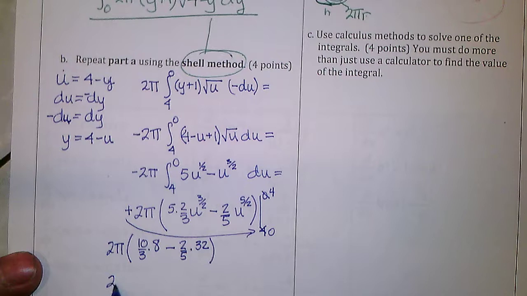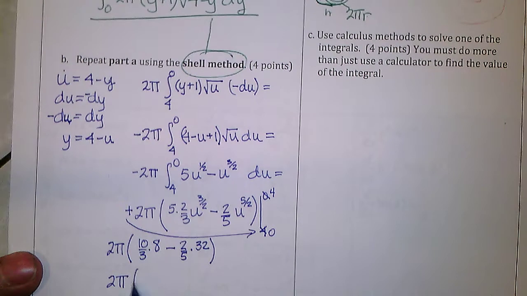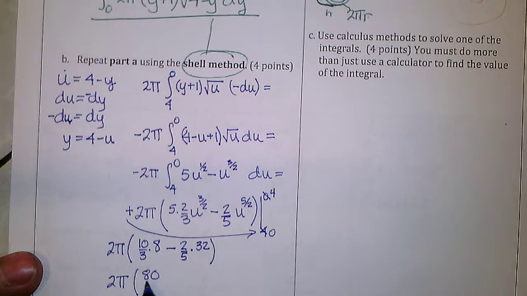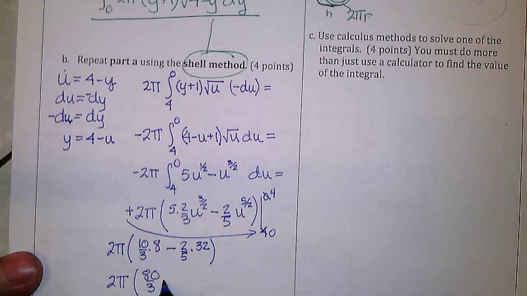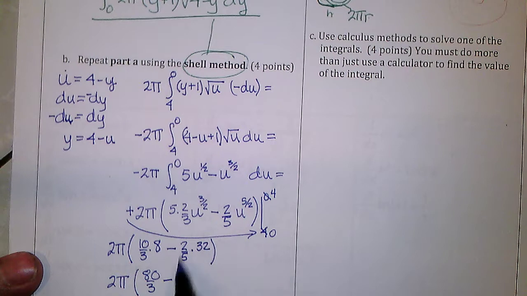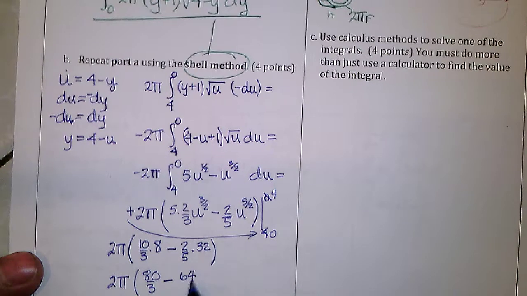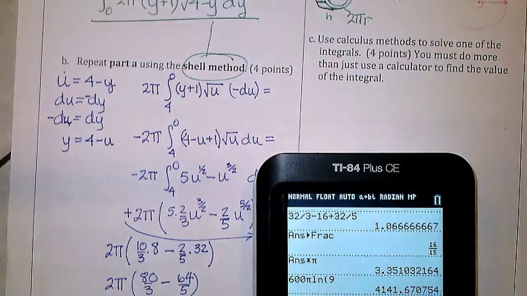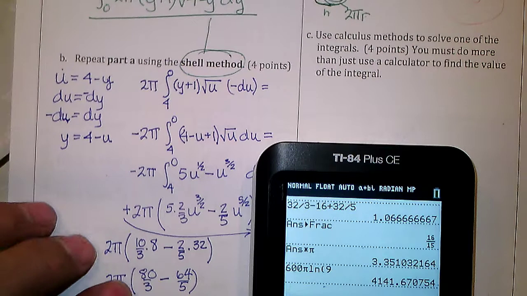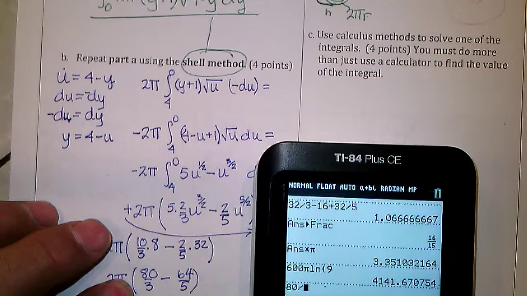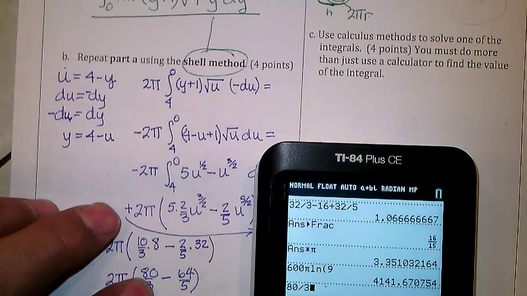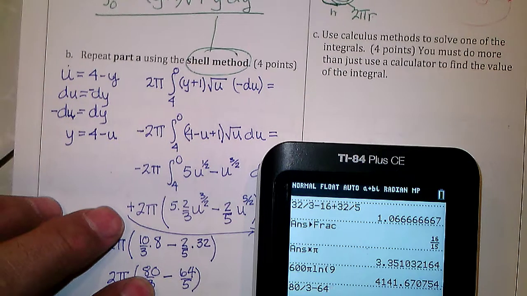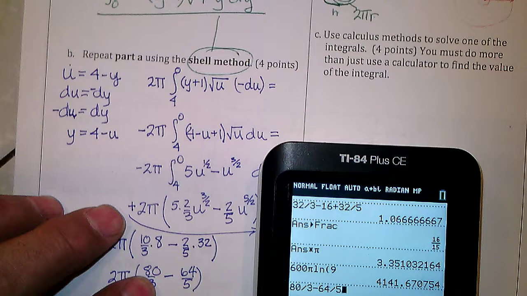So I have 2 pi times 80 thirds minus 64/5. And that's times 2. So let's just pull out the calculator and let it do the fractions for us. 80 divided by 3 minus 64 divided by 5.